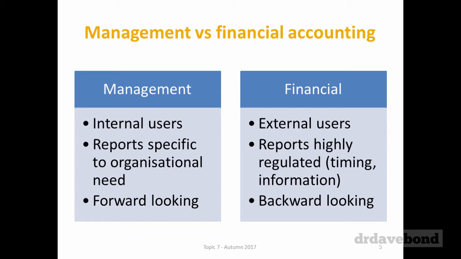But the reports are highly regulated. They have a set of rules. They have to be done in a certain way. How often they come out is regulated. The information that's in there and how it looks is regulated. It's pretty standard. And when you think of why, now I can't remember if it was in your paper because I didn't have a quick look at which question it was in. But as you were preparing, you're probably preparing for the characteristics of accounting.